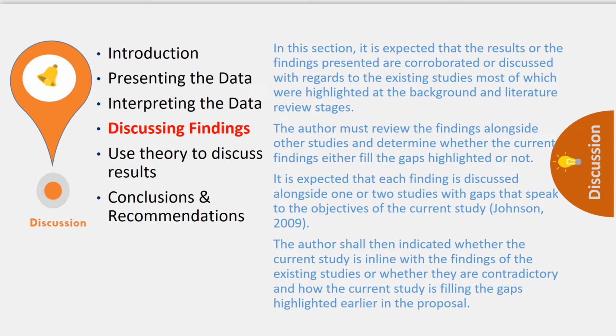It is expected that each finding is discussed alongside one or two studies with gaps that speak to the objective of the current study. The author shall then indicate whether the current study is inclined with the findings of the existing studies or whether they are contradictory, and how the current study is filling the gaps highlighted early in the proposal.